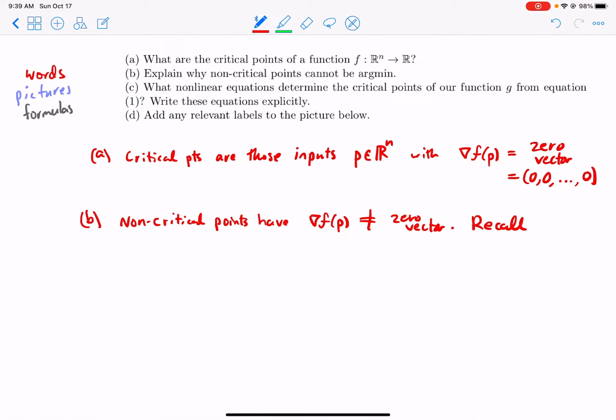Recall our formula: the linear approximation formula plus the derivative. Well, the derivative in this case is the dot product with the gradient, because our function has just a real number output.